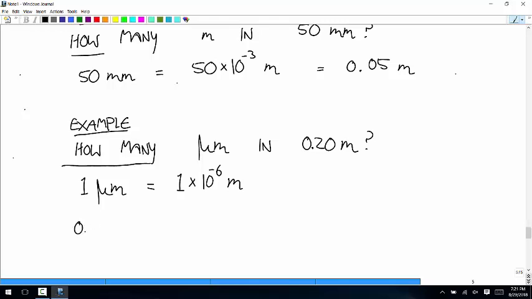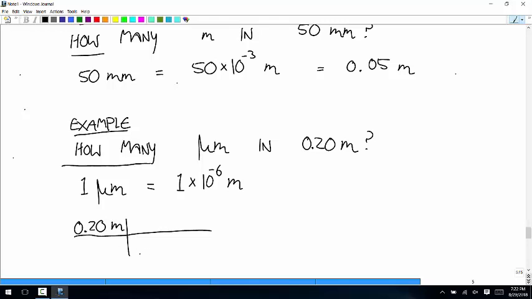And so now we're going to do the unit conversion, 0.20 meters. We're going to multiply it by either 1 micron over 1 times 10 to the minus 6 meters, or the reciprocal of that.